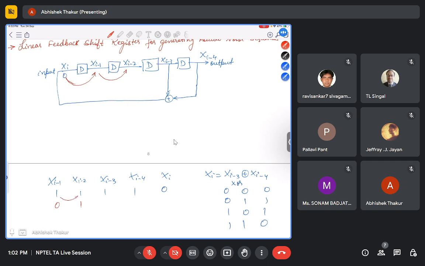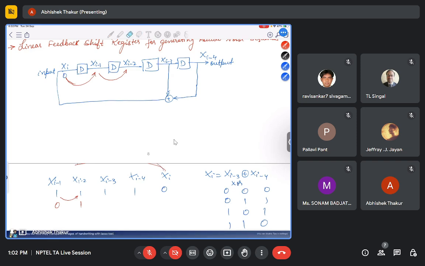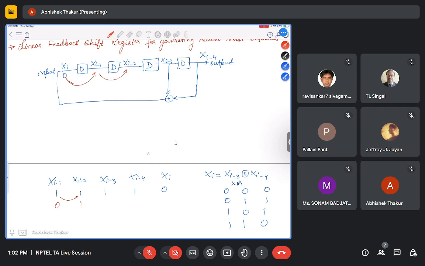Like this, xi will go to xi minus 1, and xi minus 1 will go to xi minus 2. And then xi is the XOR of xi minus 3 and xi minus 4.